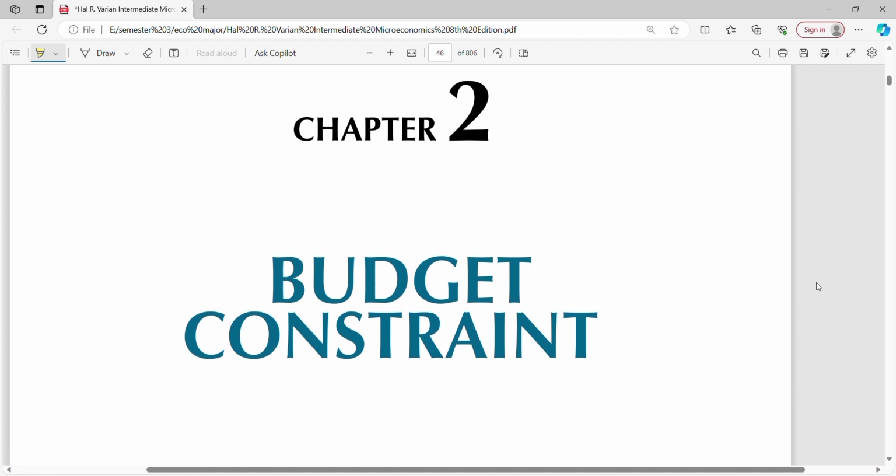Chapter 2, Budget Constraint. The economic theory of a consumer is very simple because economists assume that the consumer wants to consume or choose the best bundle of goods that they can afford.